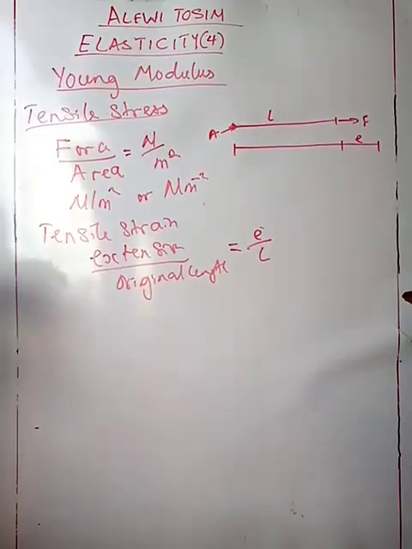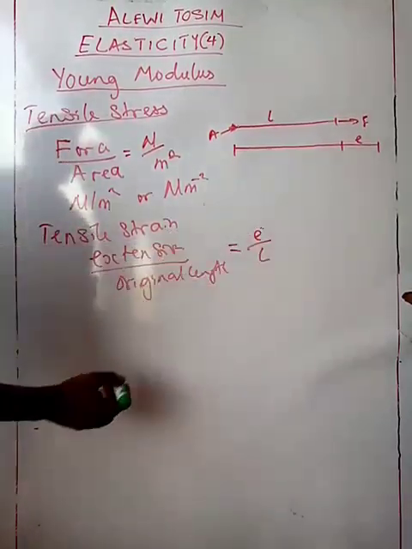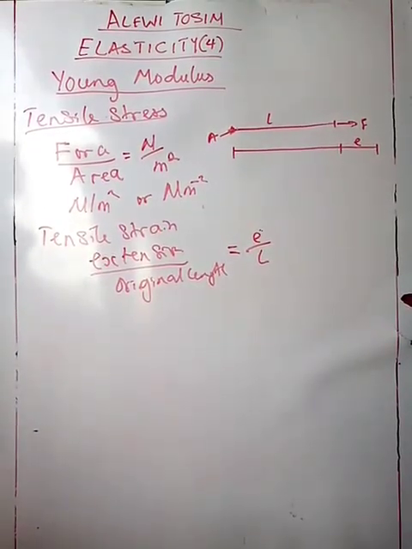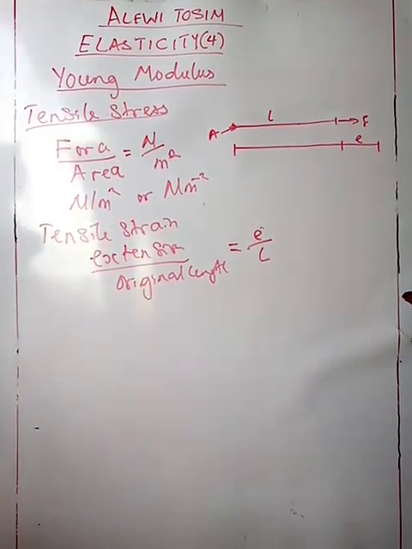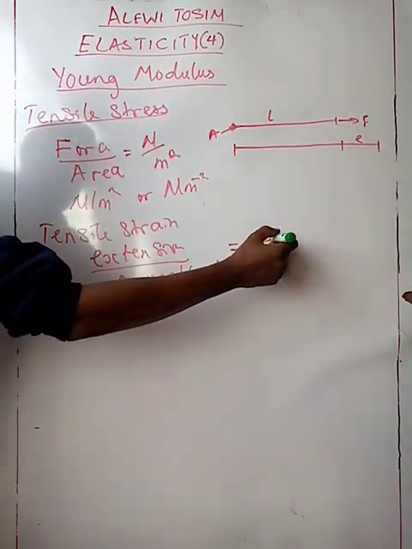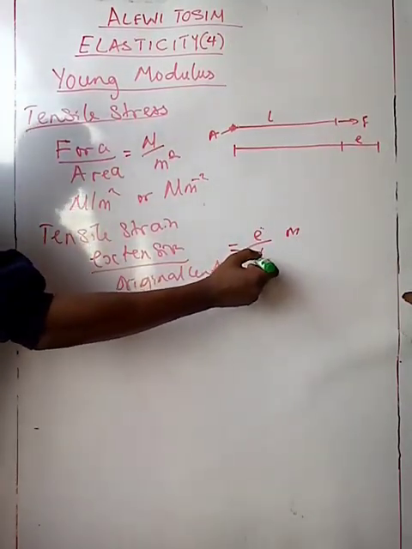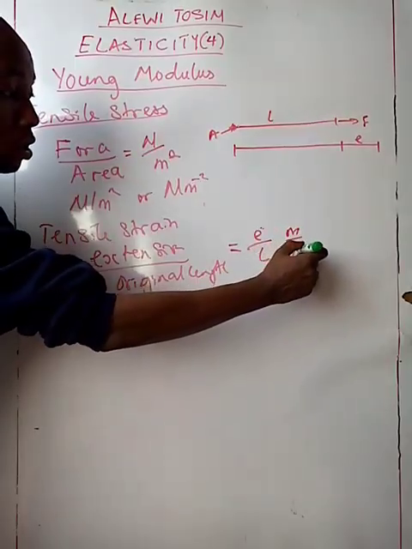Now, looking at this, tensile stress is force over area, and the unit is Newton per meter square. But tensile strain does not have a unit. Why? Extension is a length measured in meters, and the original length is also a length measured in meters.